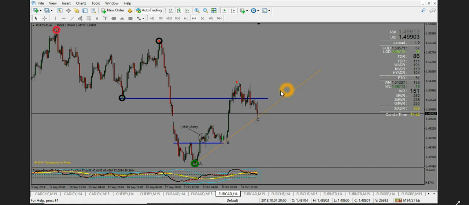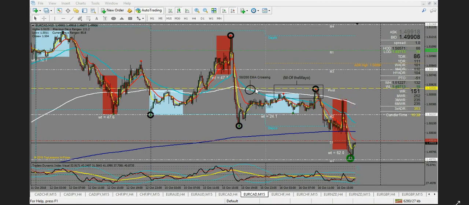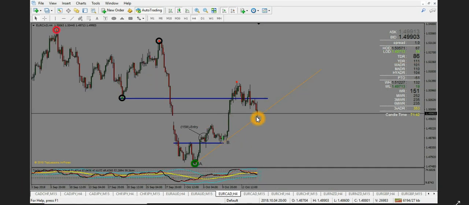But we could have seen this trade going back to this trend line a bit earlier, because of this setup right there. There's the 50/200 EMA crossing, the first hit, and the second hit of the Mayo, and this went down a good 50 pips, and this point over here is exactly this spike moving up back here at point C.